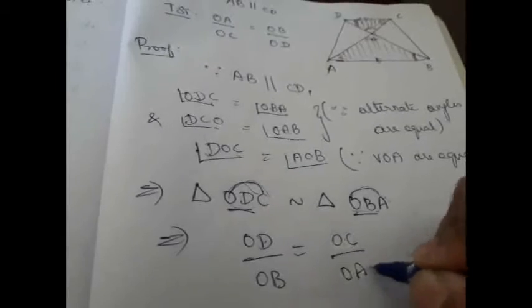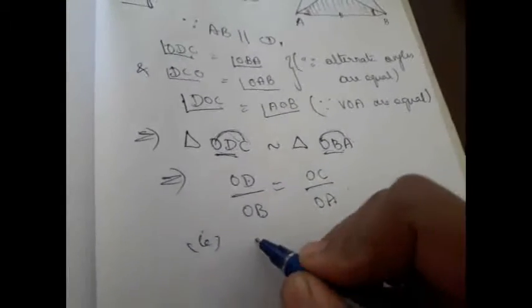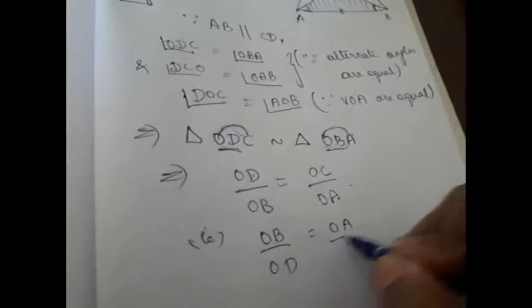OA, right? So OD by OB equals OC by OA. Now what we need to prove is OA by OC equals OB by OD. That is just the reciprocal of this, so we can reciprocate it. That is, OB by OD is equal to OA by OC. Hence we prove it. We just reciprocated it.